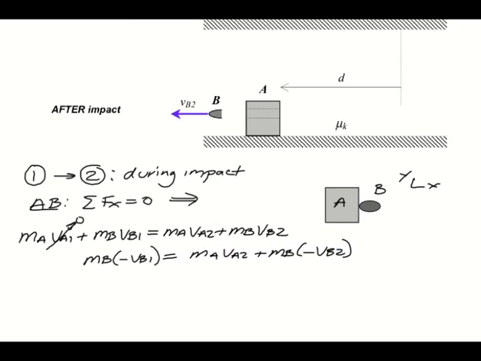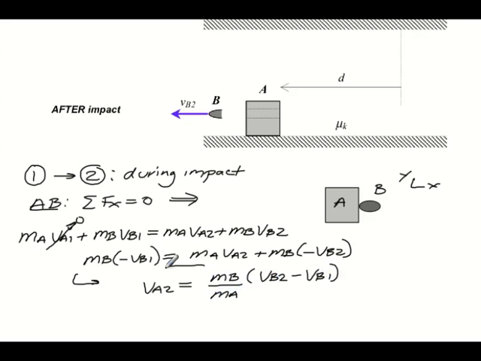So what we can find here is VA2, its speed after impact occurs, is going to be equal to MB times VB2 minus VB1, divided by MA.